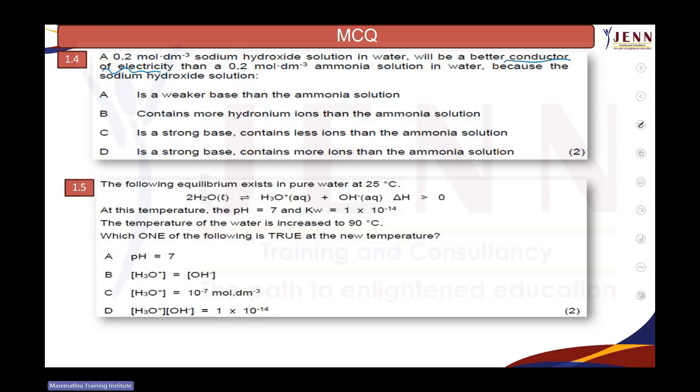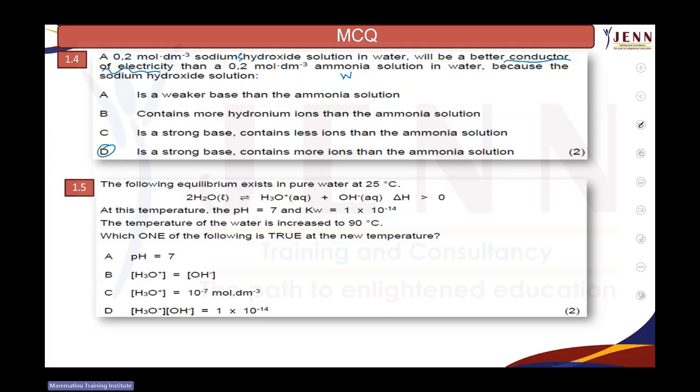Sodium hydroxide is strong and ammonia is weak. A strong base would produce a high concentration of ions. A weak one will produce a low concentration of ions. So the answer to that question would be: a strong base contains more ions than ammonia.